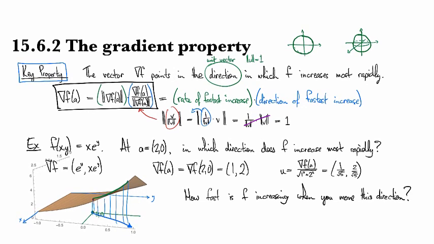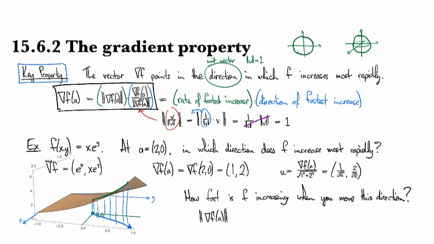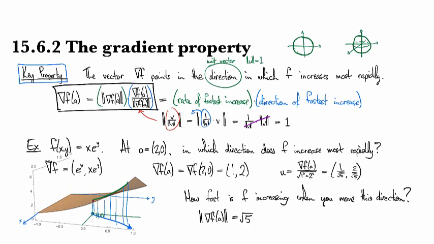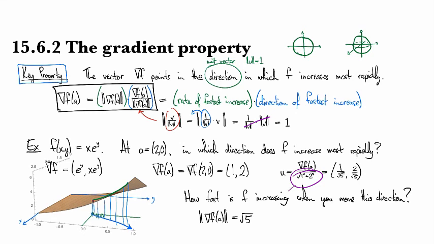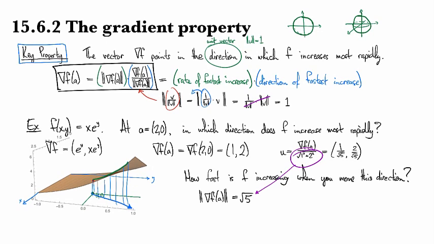Well, that's going to be the magnitude of the gradient at this particular location, which we already computed. It's the square root of 5. That's actually what we were computing right here. So we've already got that done. So it's increasing at a rate of square root of 5.